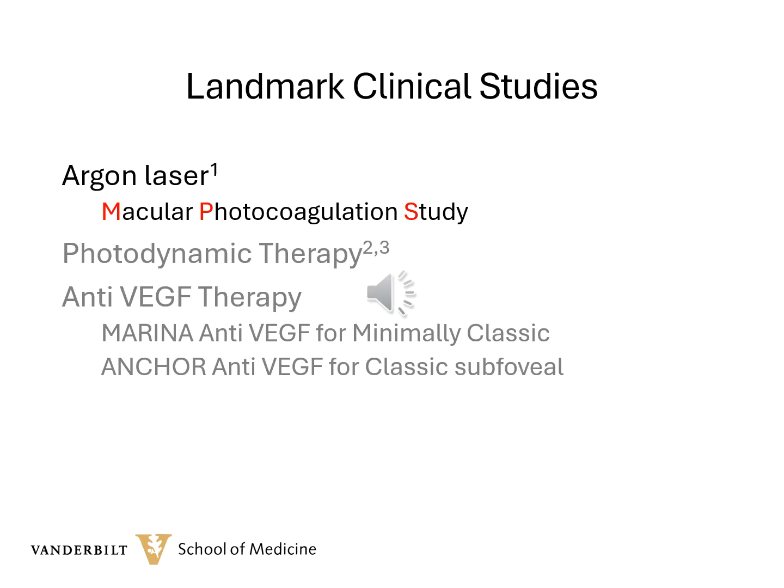So with the understanding of the vascular nature of wet age-related macular degeneration, the macular photocoagulation study was instigated to see how effective was laser cautery of the new vessels.